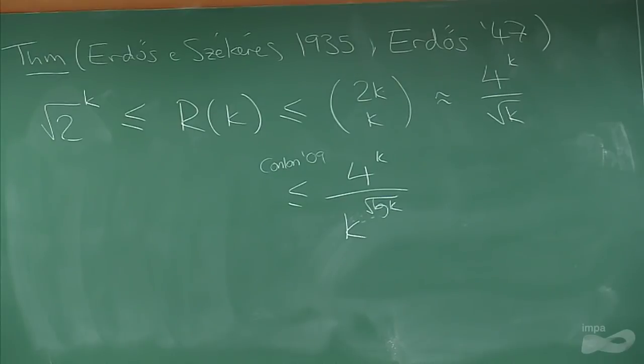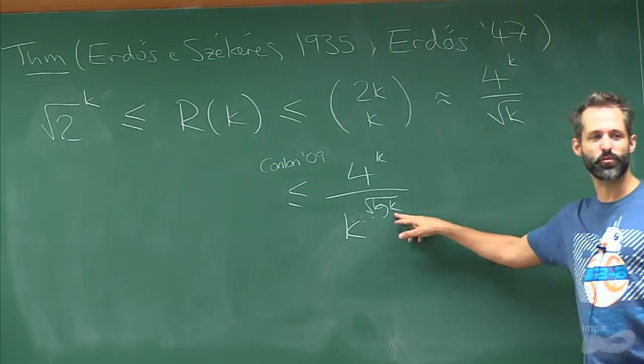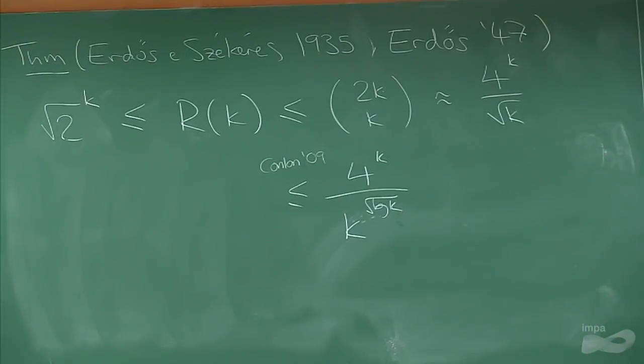First, Andrew Thomason improved the root k to a k to the 3 over 2 in about 1987. And then Conlon managed to prove the super polynomial factor below. This was a very big breakthrough and it's a very well-known result. But it doesn't improve the 4, right? It doesn't prove 4 minus epsilon to the k.